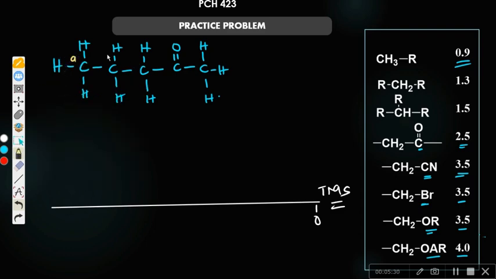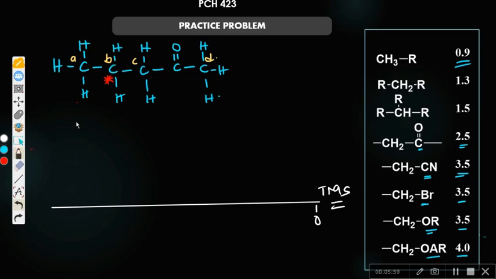So here will be A, here is B, here is C, here is D. Now if we start from A, you look at the neighboring carbon. How many protons are in the neighboring carbon? A has 3 protons, but the neighboring carbon is what you look at, not A itself. Now, you agree with me that the neighboring carbon has 2 protons.